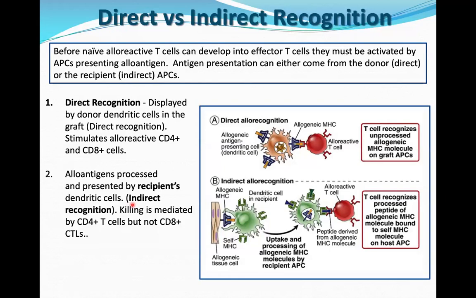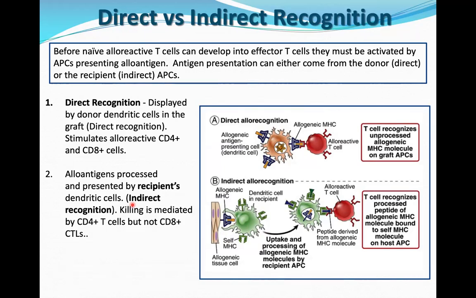Now, don't focus too much on this slide, but again, just be aware of it. There are two types of antigen presentation when you are transplanting an organ into a recipient. Because remember, when you are transplanting an organ, the blood vessels in that organ still contain immune cells from the donor.